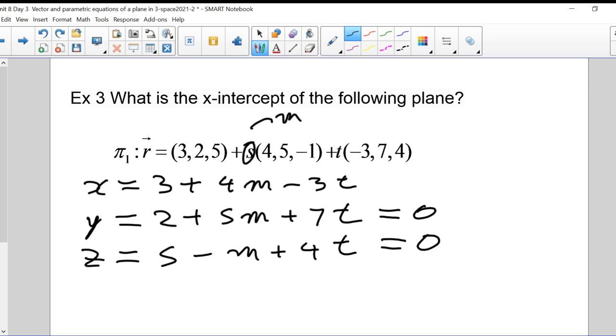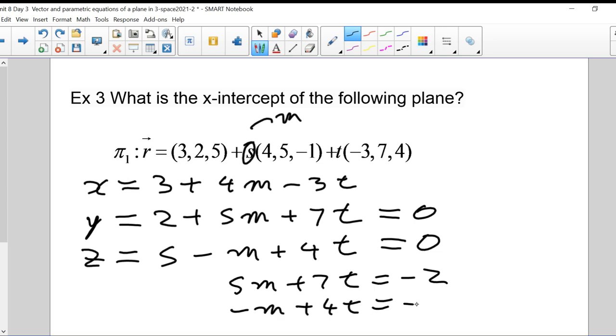So we're going to have to solve another linear system. Unfortunately, that's just the way it goes. So that's 5M plus 7T is equal to minus 2, and minus M plus 4T is equal to minus 5.